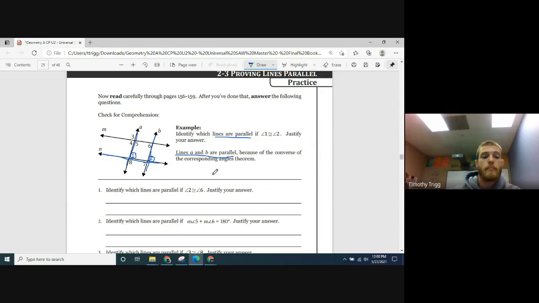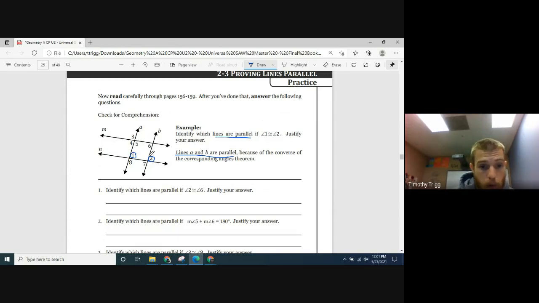Okay, cool. Now, how do we know that? Well, for that, we want to look at the relationship between angle 1 and angle 2. So what's the relationship between angle 1 and angle 2? Are they alternate interior angles? Are they alternate exterior angles? Are they same side interior? No, these are corresponding angles, right?